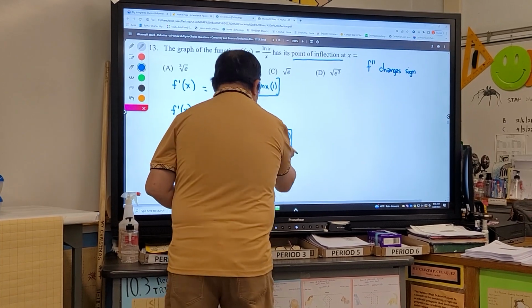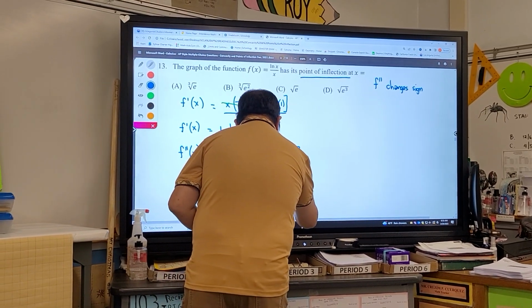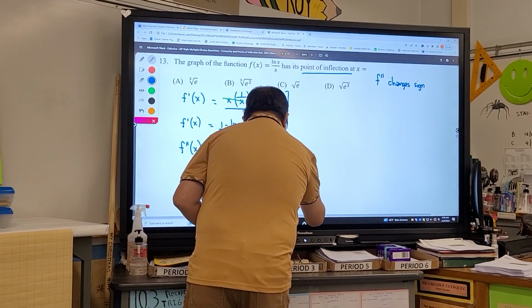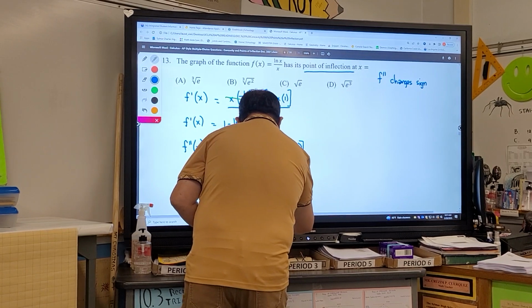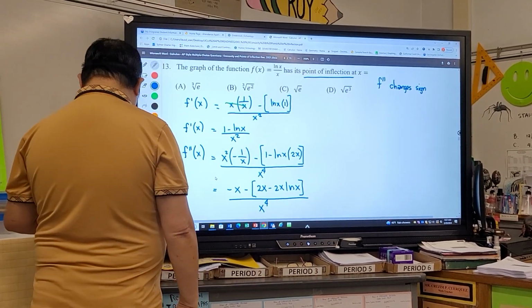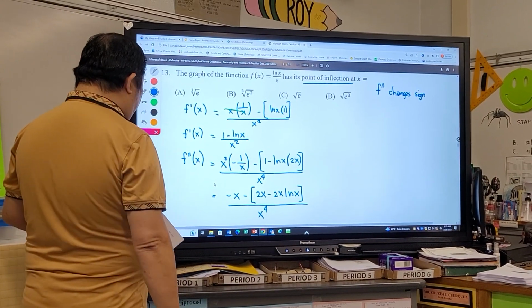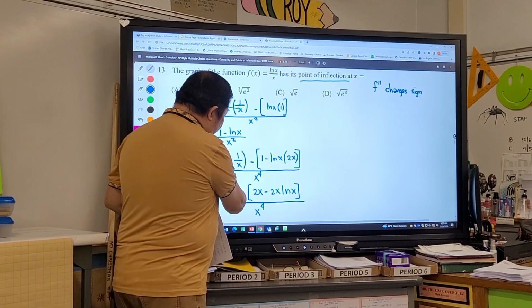And then minus, multiply 2x with ln x, so negative 2x ln x over x to the power of 4. So this time we now distribute this negative.